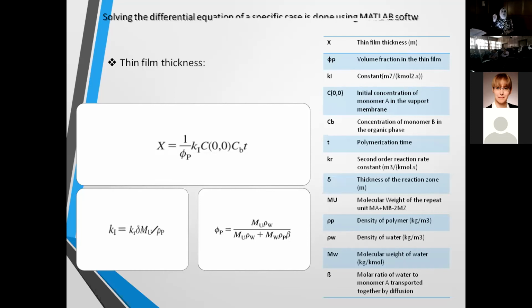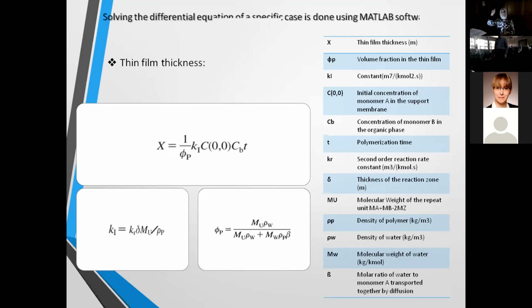Ki is a constant that can also be calculated by the equation on the right. Kr is the second order reaction rate, and sigma is the reaction zone. Mu, as we said, is the molar mass, and rho P is the density of the polymer. Finally, we put these equations into the main equation for X.